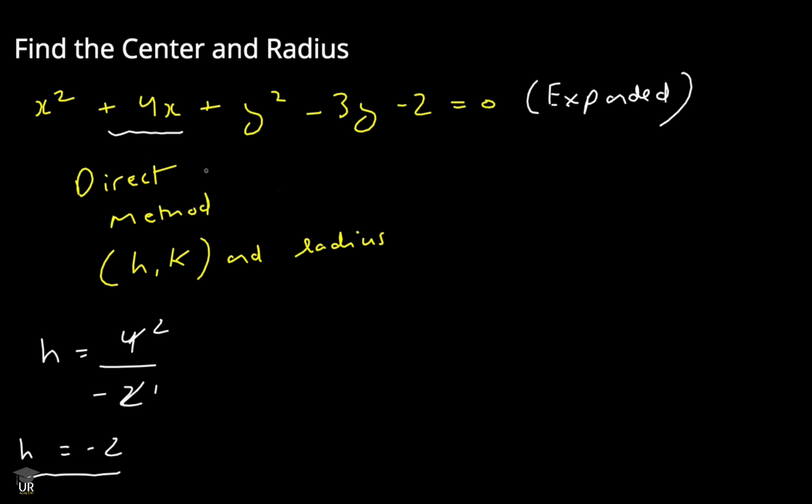Now in order to find the coordinate k, we will look at the coefficient of y. Here I can see that the coefficient of y is minus 3. So again I will divide it by minus 2, and my answer turns out to be k is equal to 3 upon 2.